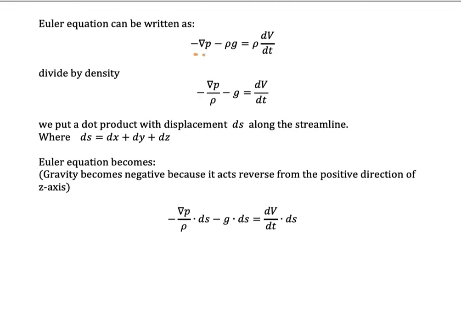It can be written like this. Then we divide by density, so we have this one. And then we take a dot product with the displacement ds along the streamline, where ds is dx plus dy plus dz. This is actually the idea of Euler. And then we can rewrite it as this one.